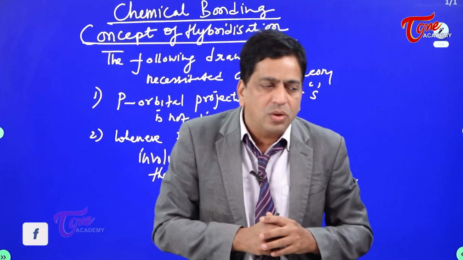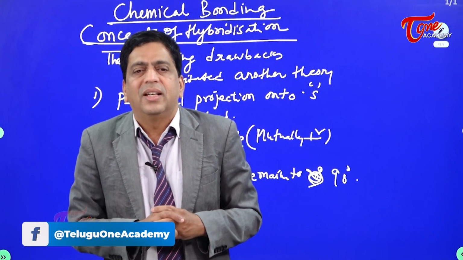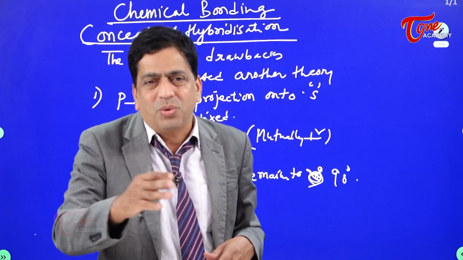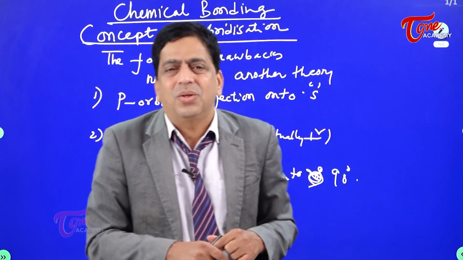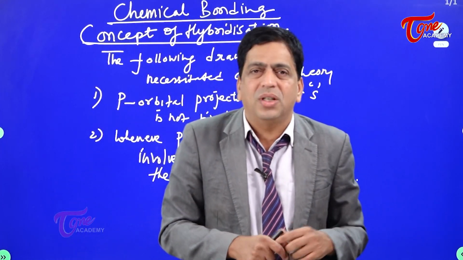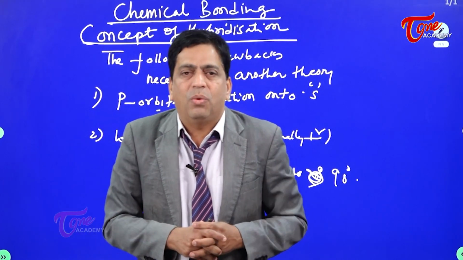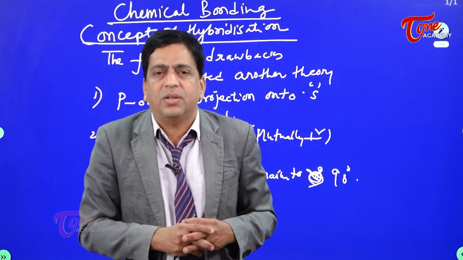The other thing is discounting the influence each and every electron will be having on the other electron when the atoms are approaching each other. It's not a good idea, because it will have a bearing on some of the properties which we'll be dealing with once we go into further depth of this subject, right?